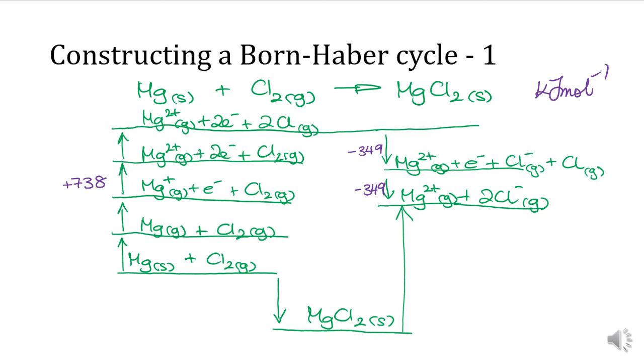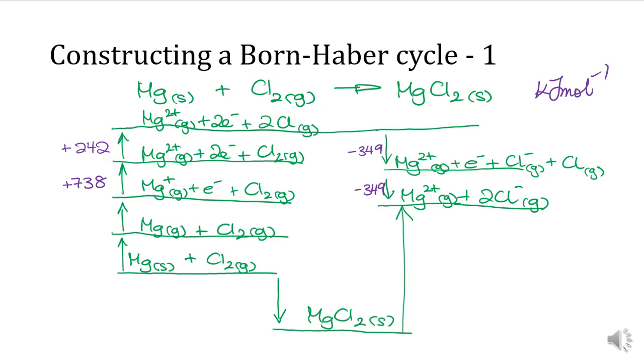So let me pause while I go and find maybe some bond enthalpy data. Okay, so I flipped to section 11 for bond enthalpy data. This bond enthalpy for the chlorine to chlorine bond is +242. Okay, let's go to my next.